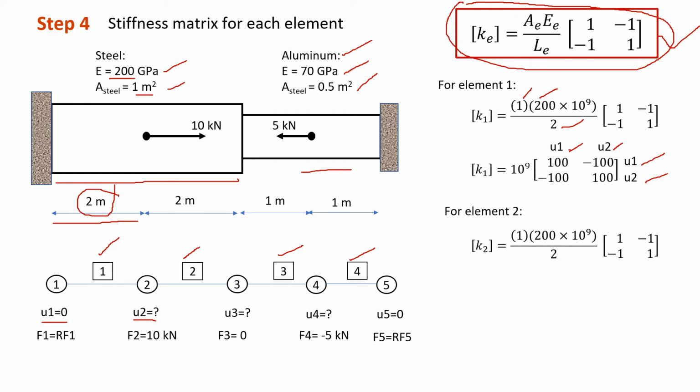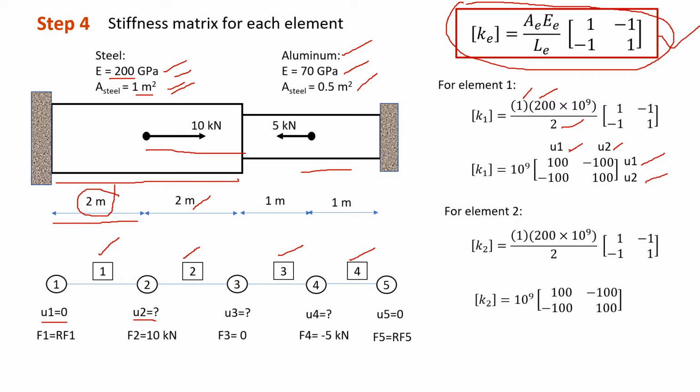For element 2, it is between node 2 and node 3. Note down it is between here, so the length is 2 meter, according to this one. We are still using the same bar, meaning that the cross-sectional area is still 1 meter square and the E is still 200 gigapascal. So replacing into this equation, we obtain a result exactly similar to K1, as the constant value is similar.